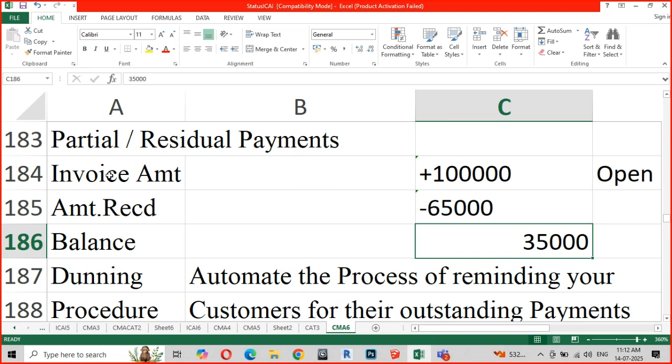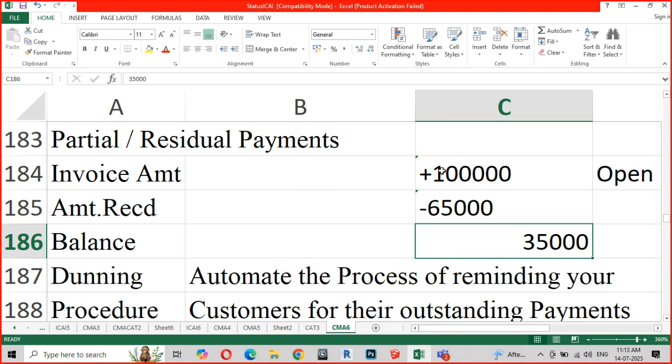Now, there are two ways of recording this transaction in the SAP system. One is the partial payment option. The other one is the residual payment option. Clear? Now, what happens if this installment payment is recorded in the residual mode?